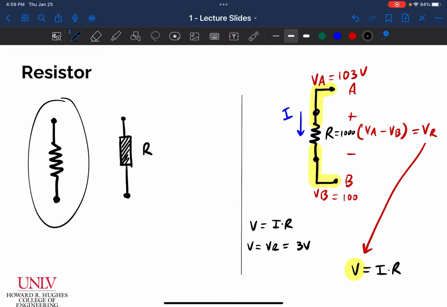And then that divided by R, which is 1,000, would give me I. And so 3 divided by 1,000 would be 3 milliamps. And so then I would have just solved for the current in my circuit.